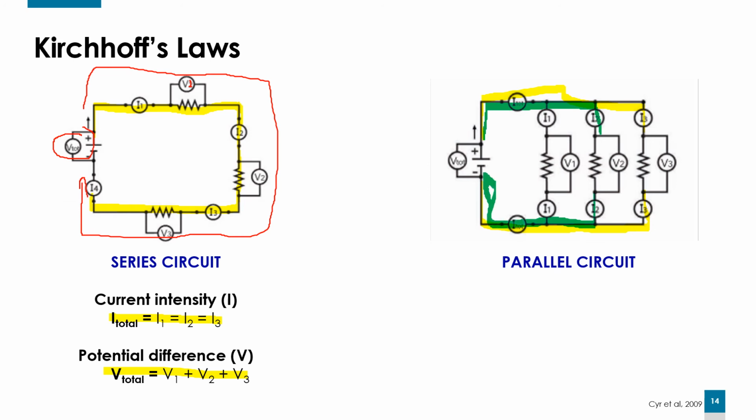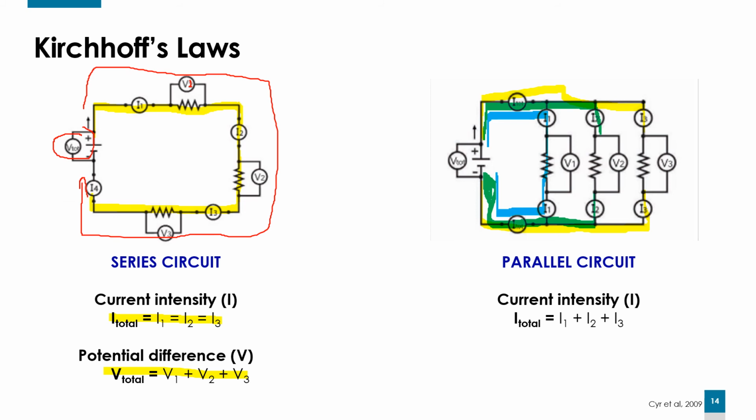And then I have another one. Another one, come here, 2, 1. So I have 3 paths. If I have 3 paths, I have 3 different currents. The current is split.